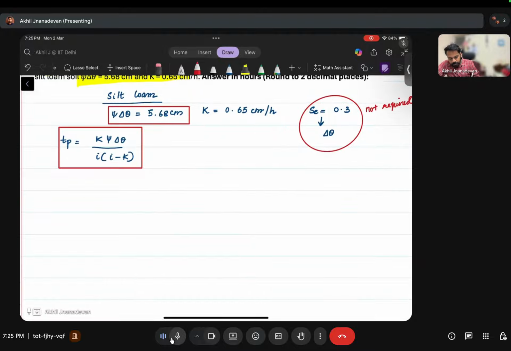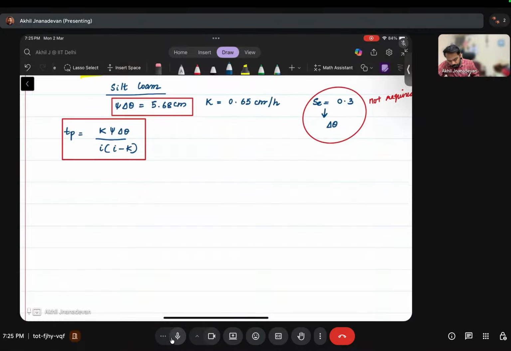The first part is when I is equal to 1 centimeter per hour. Then Tp will be psi delta theta, that is, no, psi delta theta is not 0.65, it is equal to 5.68, into K, that is 0.65, divided by I, that is 1, into 1 minus 0.65.